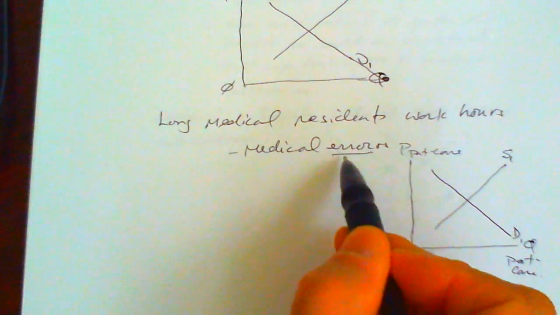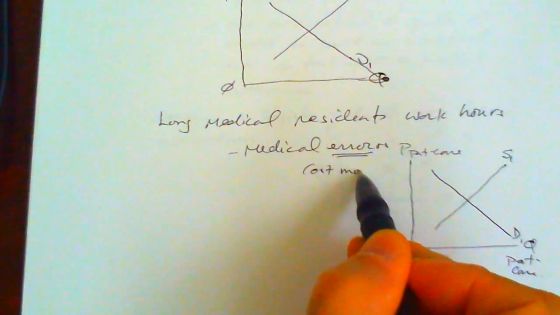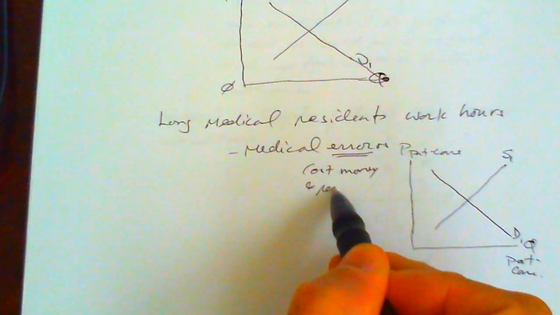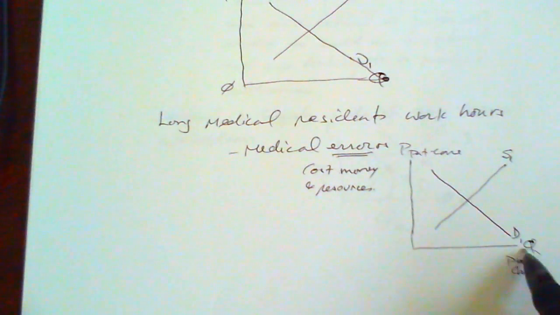When they make errors, errors cost money and resources. If you're not delivering the product as expected, and what you do deliver is damaged, then you're actually imposing cost. So therefore, overworked medical residents can adversely impact patient care.